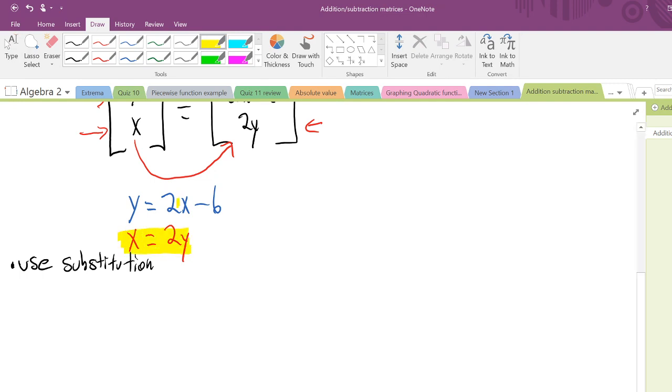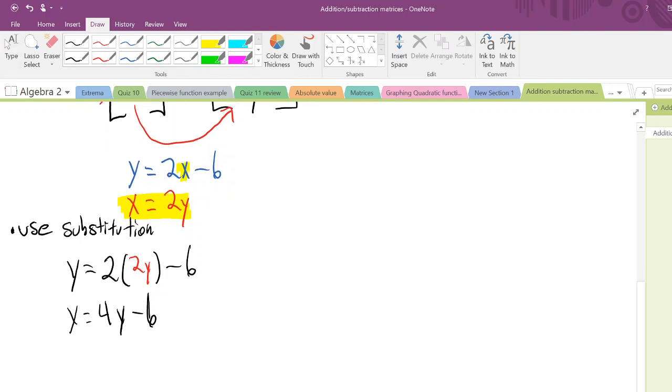so I'm going to plug it into my x. What I'm going to have is y is equal to 2 times 2y minus 6. So I keep going: y is equal to 4y minus 6.